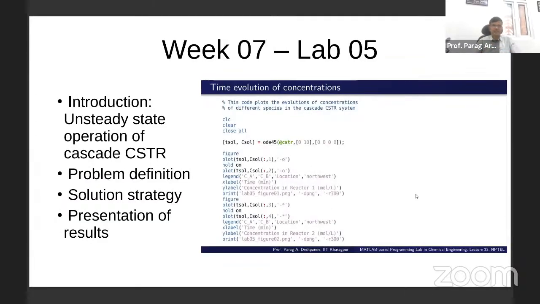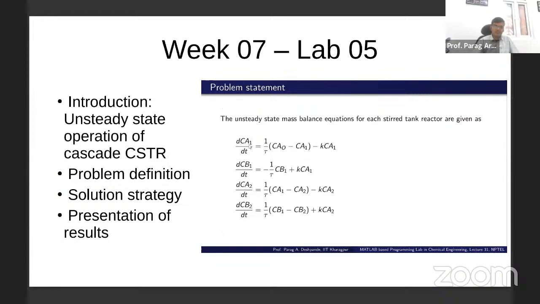So what's the strategy? Well, then you realize that the function remains the same. The function is in the ODE 5, but now what you need to do is define a vector, and all the unknowns. What are the unknowns? CA1, CB1, CA2, CB2.